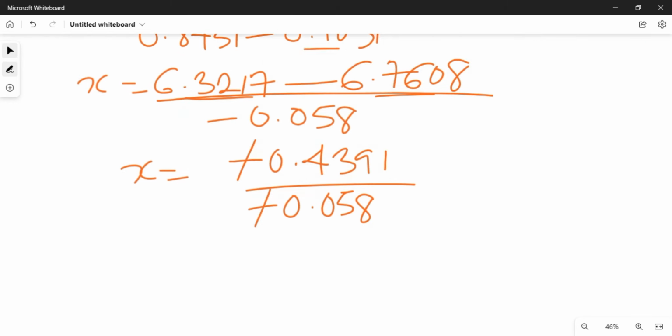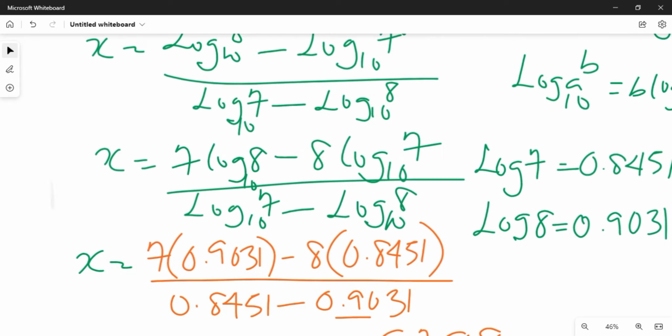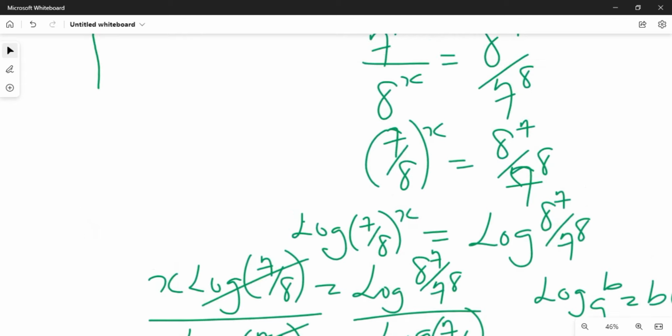We'll have our value for x to be equal to this divided by this, that will be equal to 7.571. So this is the value of x that satisfied the above given equation.